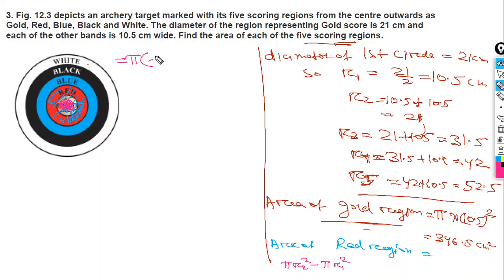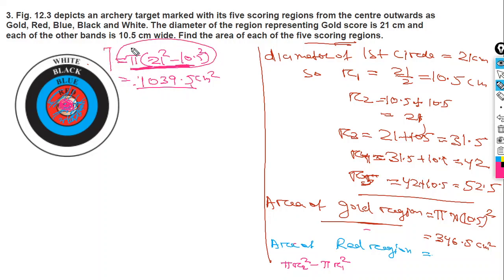R2 square is 21 square minus r1 square, which is 10.5 square. Please find the result. The result will be 1039.5 cm square.